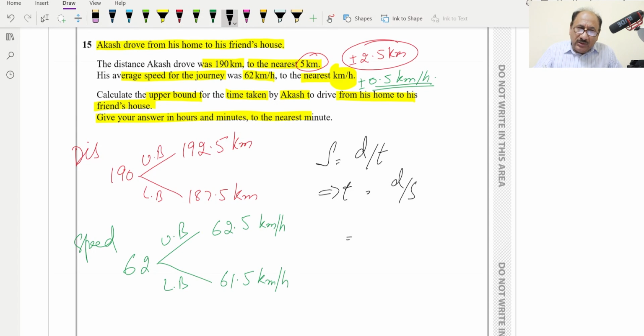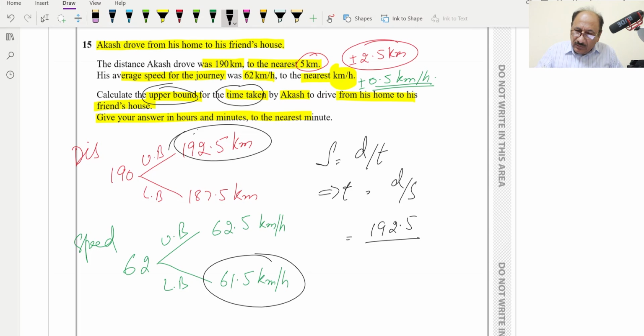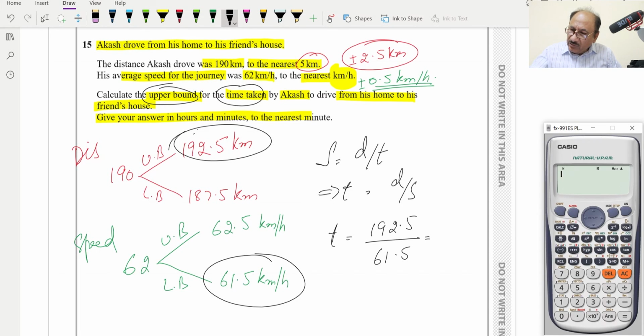To get the upper bound of the time, we will take the upper bound of the distance, which is 192.5, and divide it by the lower bound of the denominator, so that we will get a bigger answer. So 192.5 divided by 61.5 will give us 3.13.